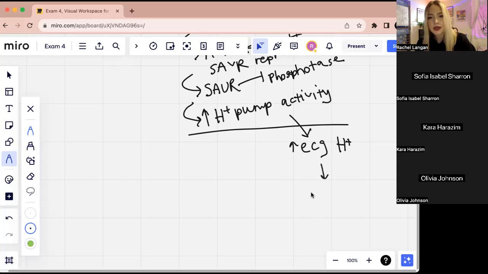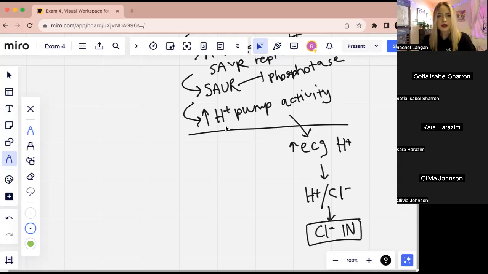That's important because we can take advantage of that proton gradient and use it for active transport of chloride. So the hydrogen chloride symporter takes advantage of that gradient and causes chloride ions to go in. The other thing the increased hydrogen pump activity does is that it hyperpolarizes the cell.